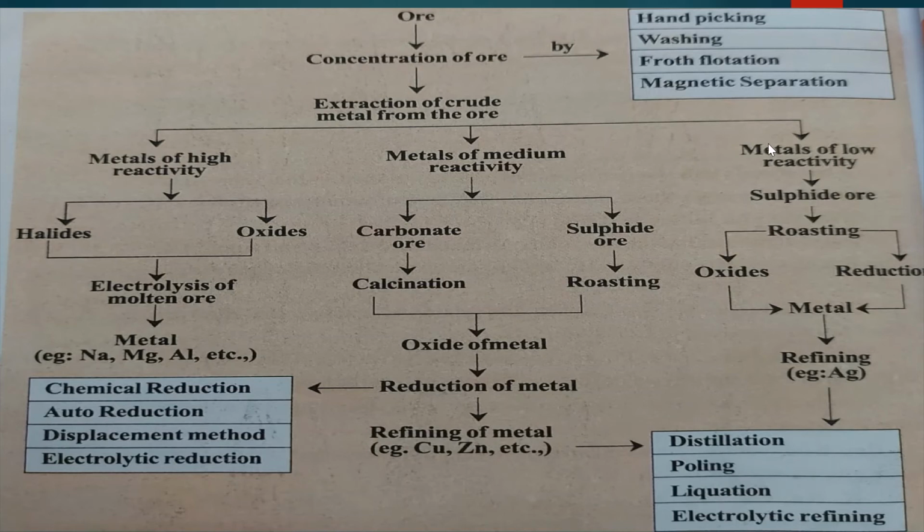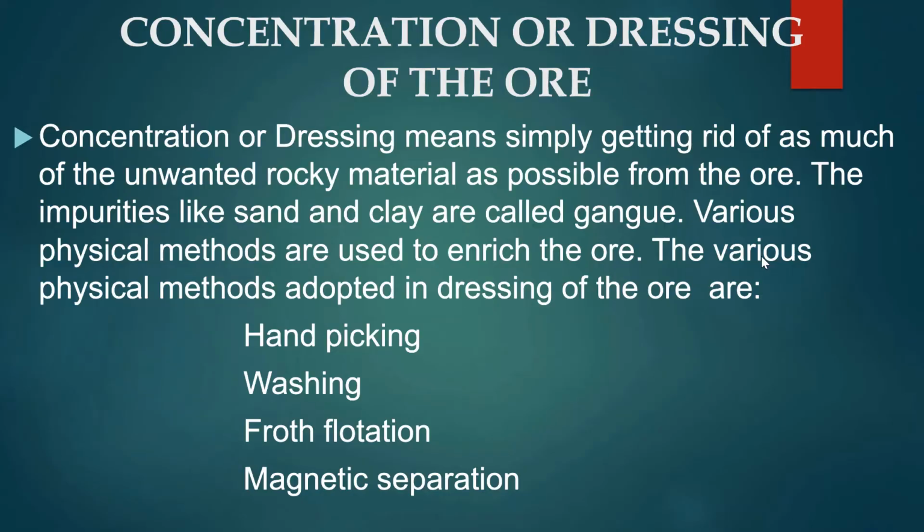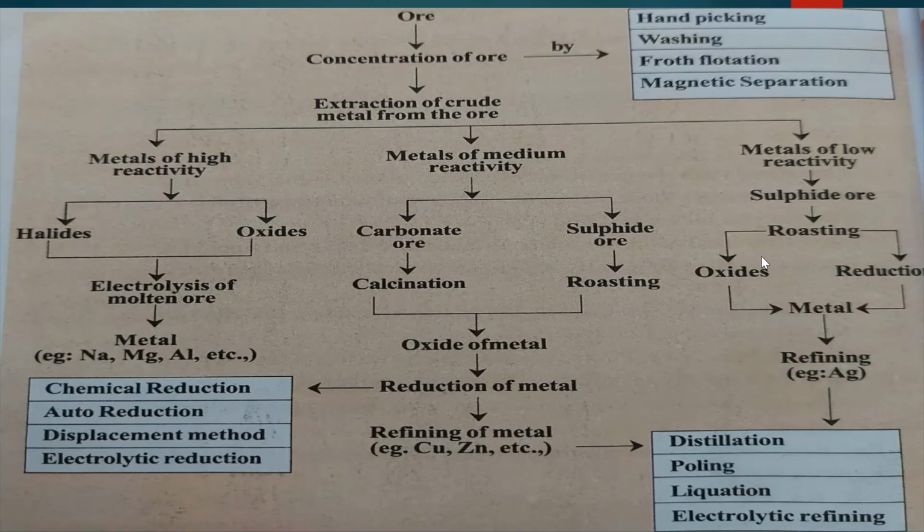Now, when we come to metals of low reactivity, the sulfide ores are subjected to roasting. Once they are roasted, we get oxides. Then the oxides are reduced to get the metals. Once you get the metals, these are subjected to refining.